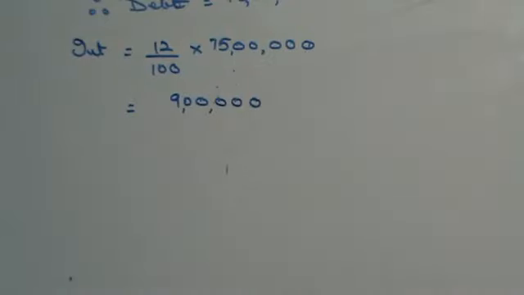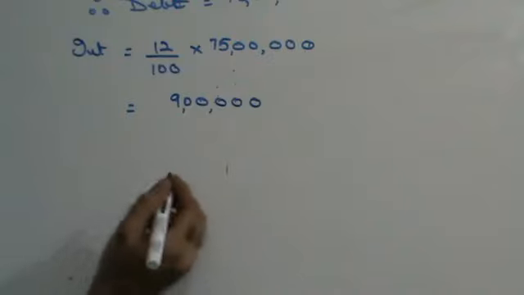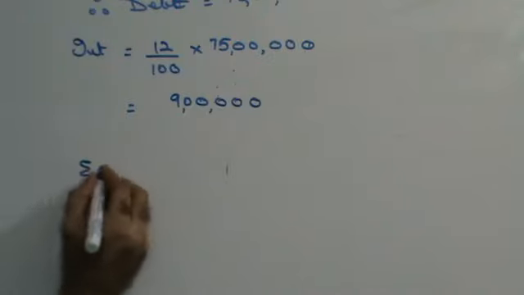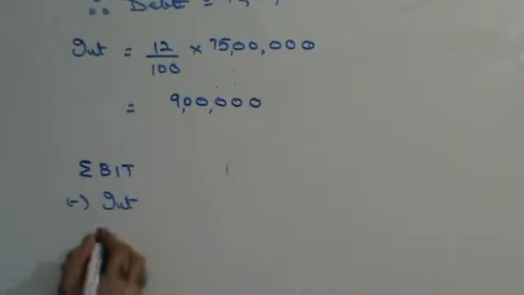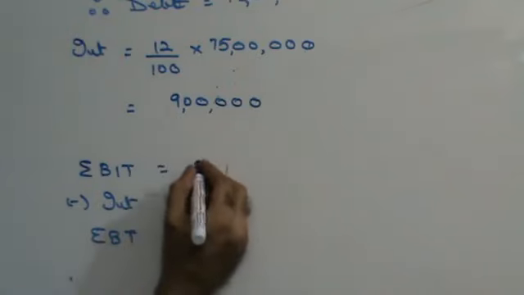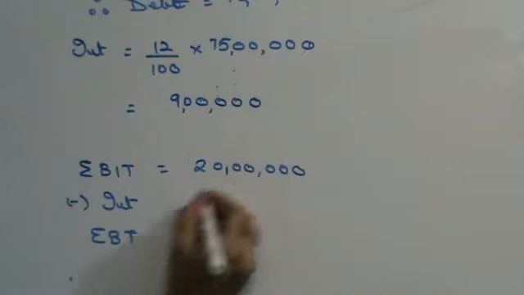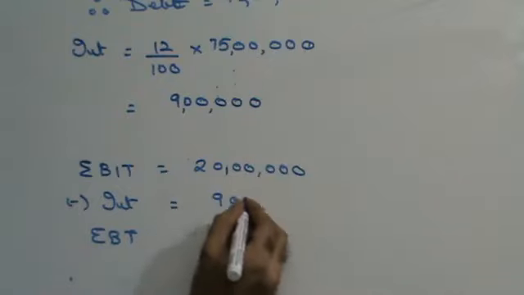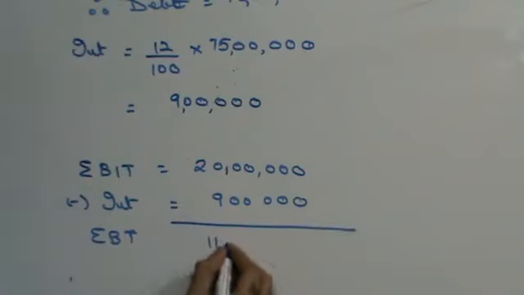Once you have this, they have only asked you to calculate the financial leverage. Very simple. You start with EBIT less interest will give you EBT. EBIT is your operating profit which is given to you as 20 lakhs. Interest you just calculated was 9 lakhs. So EBT will be 11 lakhs.